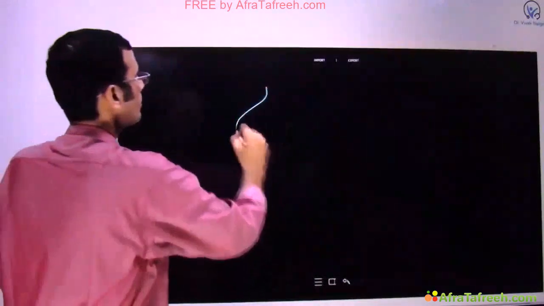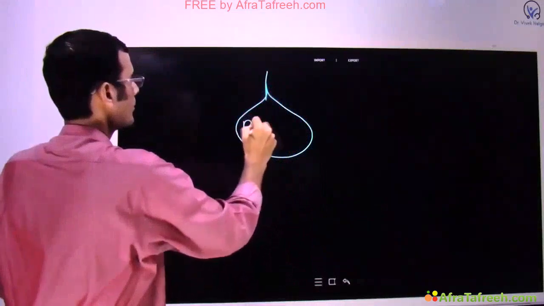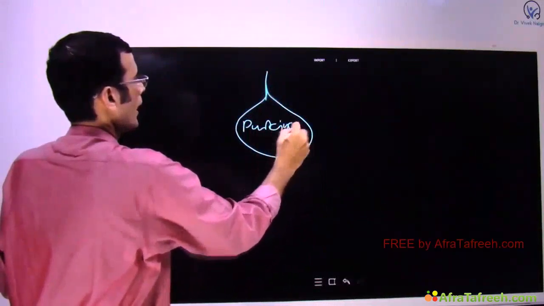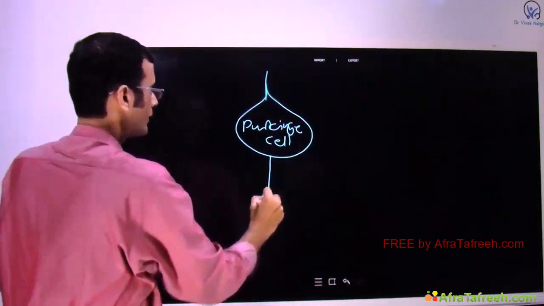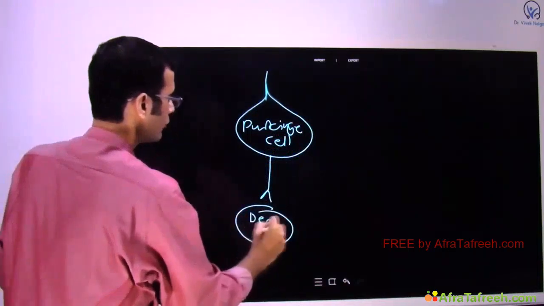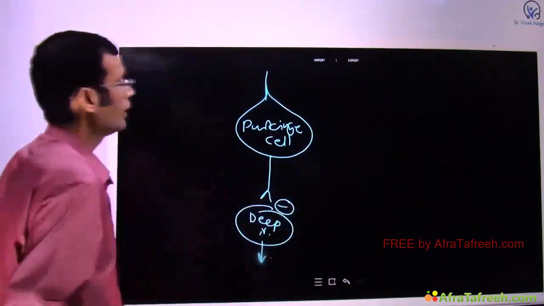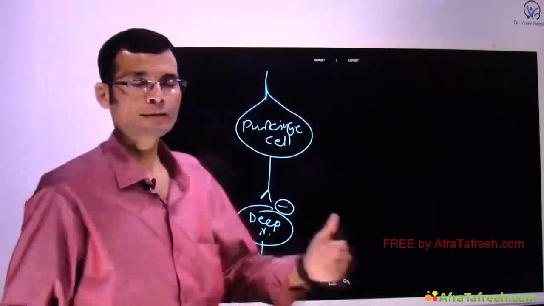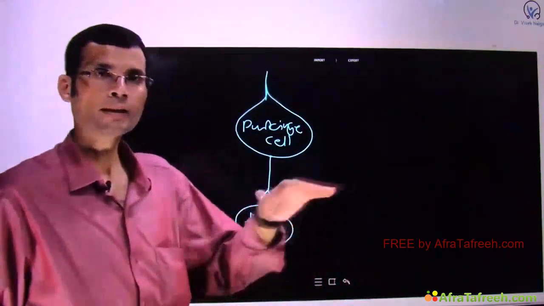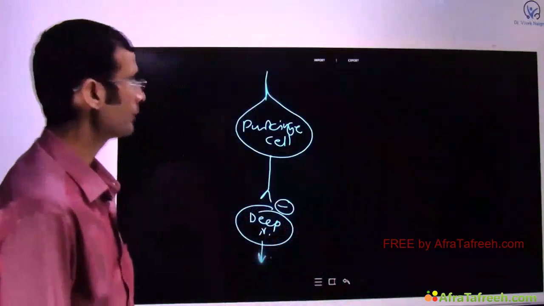How does it occur? There is a Purkinje cell in the cerebellum, and this Purkinje cell exerts an inhibitory influence on the deep nuclear cell. So deep nucleus output will be under inhibitory control of the Purkinje cell.